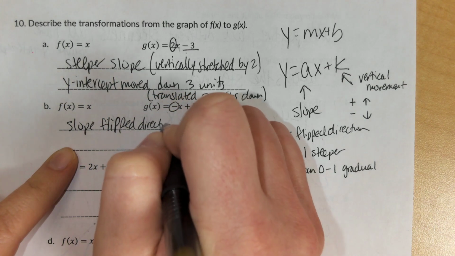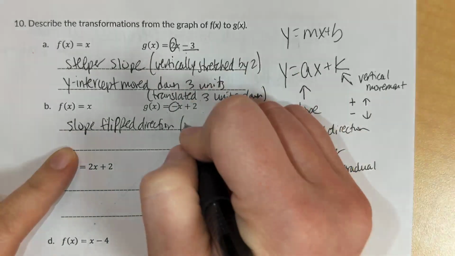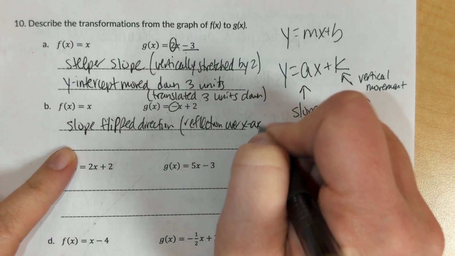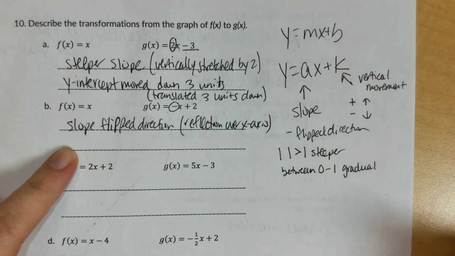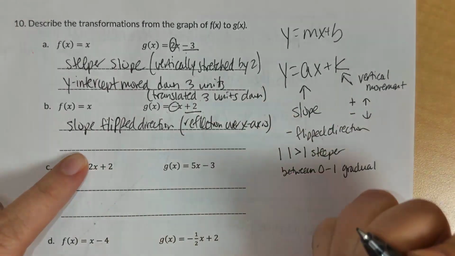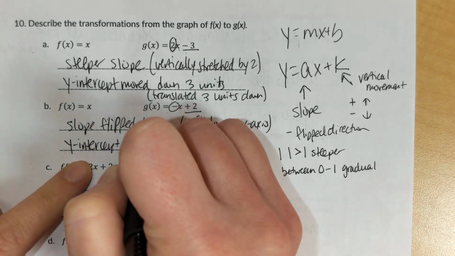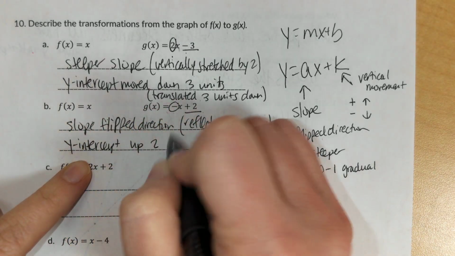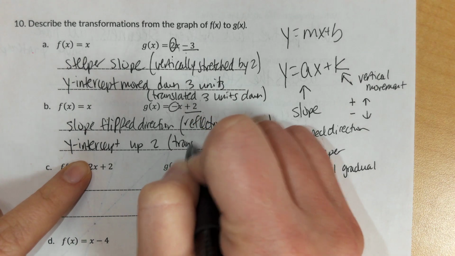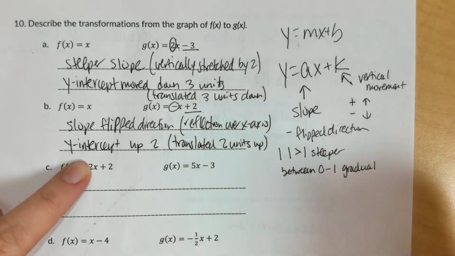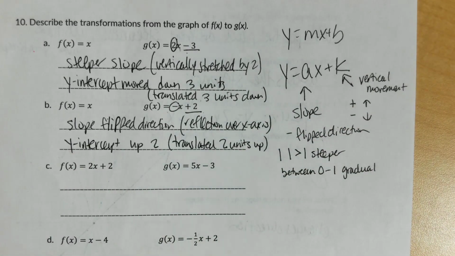And so in technical language, we're going to call this a reflection over the x-axis. Okay, and then we notice it's a plus 2 for k, so that means that our y-intercept is going to be up 2 from where it was, and we call this translated 2 units up. Okay, and so that's going to be our changes.